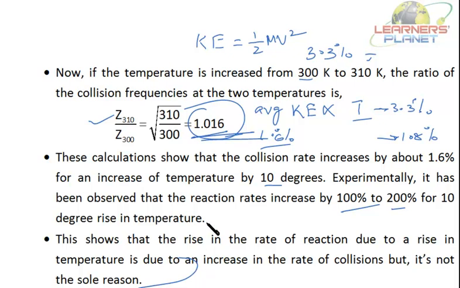If it's just the number of collisions which are increasing with the rise in temperature, then we cannot achieve a 200% rise. Then we can't achieve that the reaction rate is doubled. So there is another concept given by Arrhenius. We'll be discussing the Arrhenius theory for this doubling of the reaction rate with a 10-degree rise in temperature.